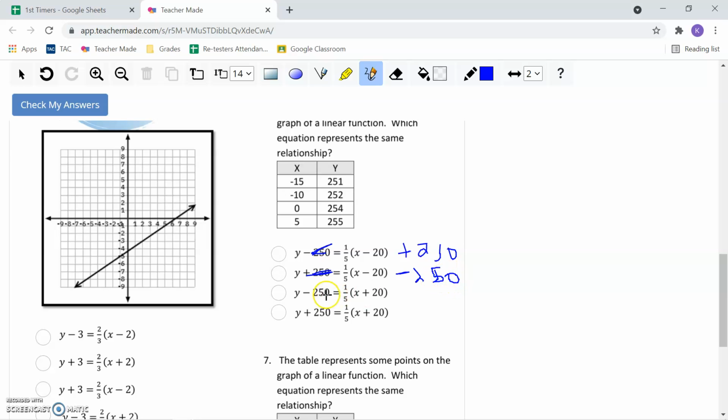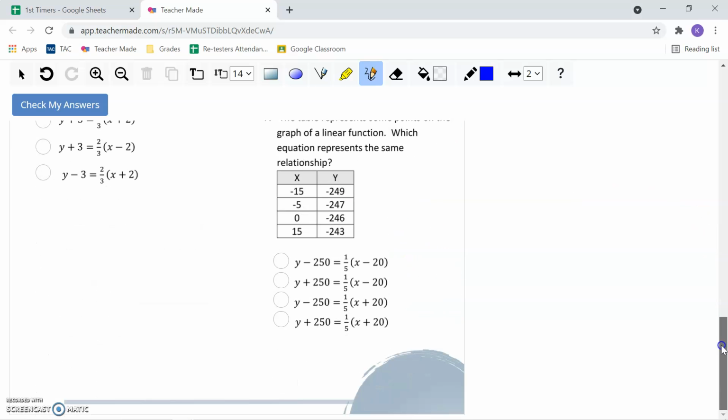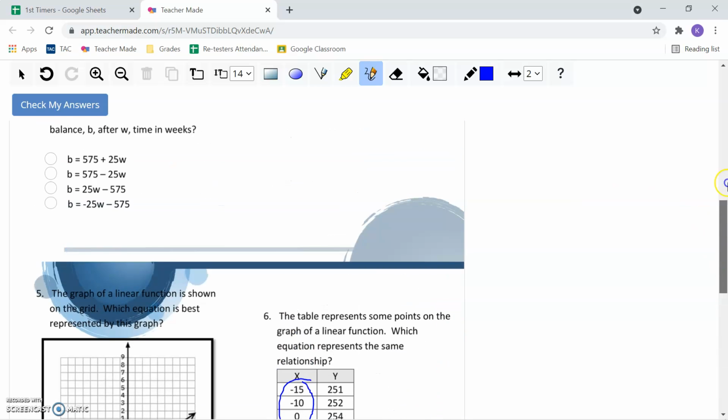This one is a minus 250, so it becomes a positive 250. And then this one is a positive 250, so it becomes a negative 250. So put these in the calculator on decimals, each one, and convert it to a table and put in these values. Whoever gives you all these values, that's going to be your answer. And you're going to try number 7 on your own without any assistance.